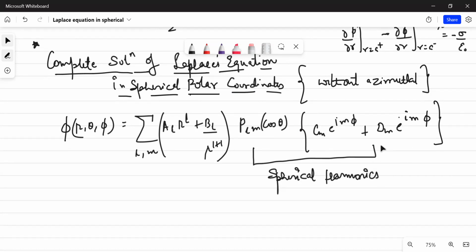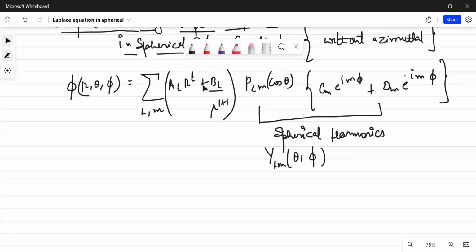So this particular product expression is referred to as spherical harmonics, denoted by Y_lm, and sometimes people write l here, m here, whatever suits you, theta and phi. Is that clear? This particular Y_lm is also an orthogonal function, and the orthogonality is given by the integral 0 to pi and 0 to 2 pi of Y_lm(theta, phi) times Y_l'm' star, sine theta d theta d phi.